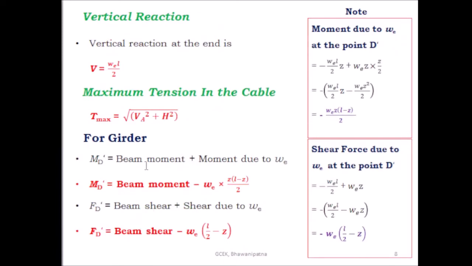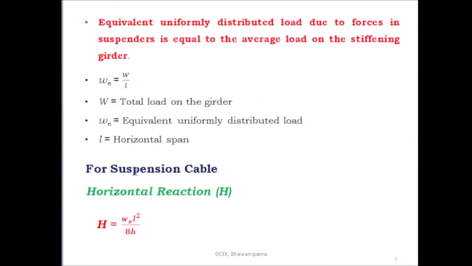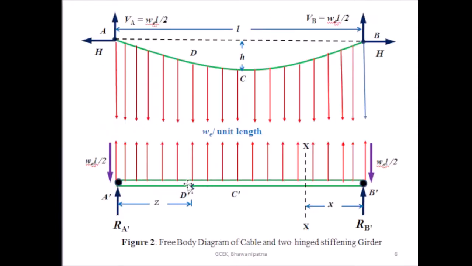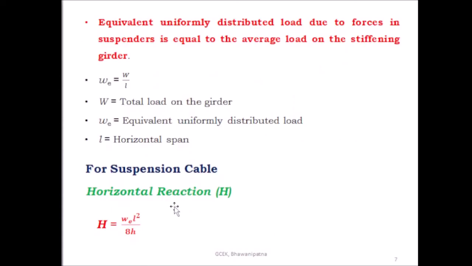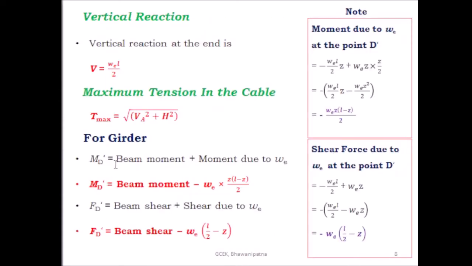So we have to find out the bending moment at the section D dash, which is at distance Z from the support A dash. So MD dash is equal to the beam moment plus the moment due to WE. Here you have to find out the beam moment and the moment due to the equivalent uniformly distributed load.